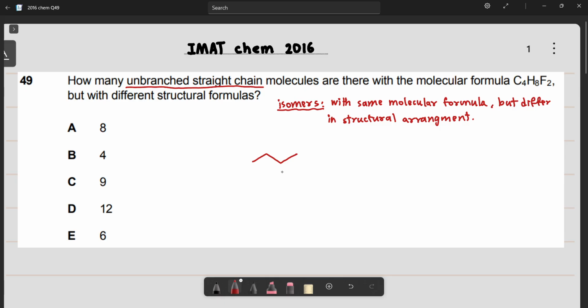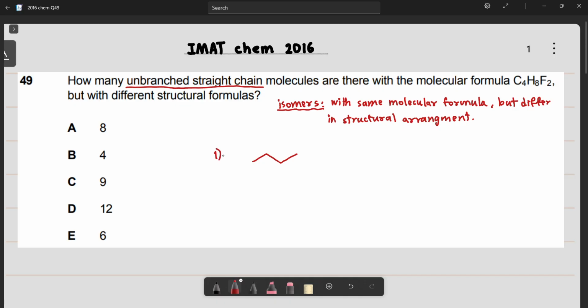Okay, so let's begin. I'm going to draw a skeletal formula because that's very easy and quick, since IMAT is only 90 minutes and very time limited. Rather than drawing a displayed formula and writing every H, which takes a lot of time, I encourage you students to draw a skeletal diagram to save time.